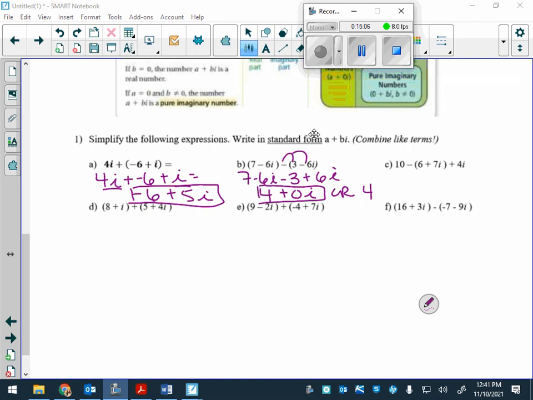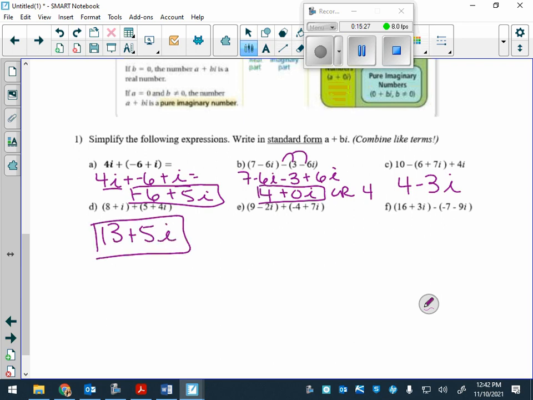Okay. For C, what do we end up with? Let's see. Mustafa? Good. 4 minus 3i. How many of you guys got that? Awesome. How about D? Rory? Good. 13 plus 5i. Awesome. How about E?